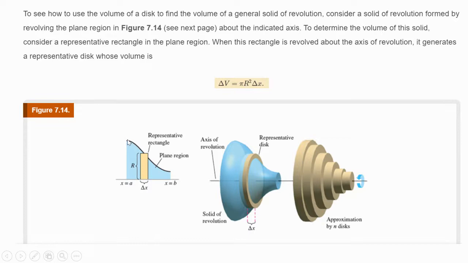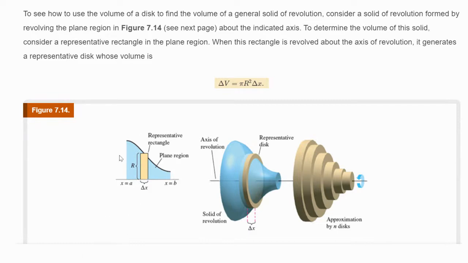Okay, so you see here we're taking this function, the black function, y equals f of x, and we're going from x equals a to x equals b. And now what we're doing is we're forming representative rectangles just to see what happens when we do this. And then we're going to take a limit and eventually have an integral.